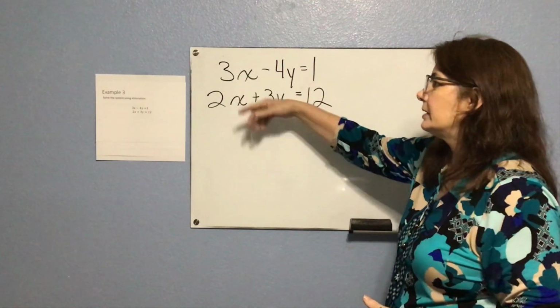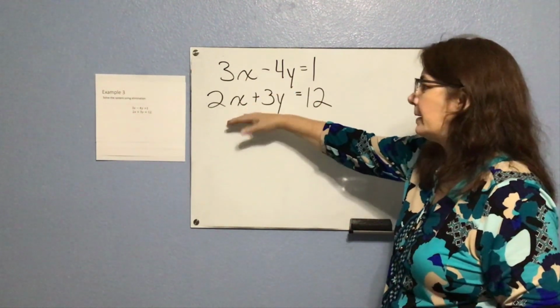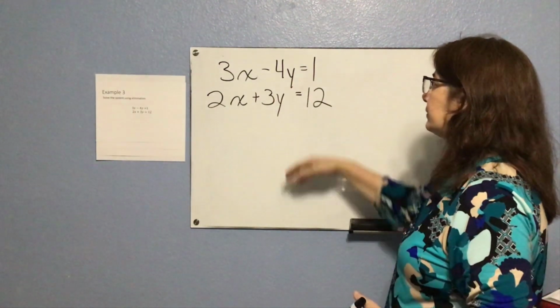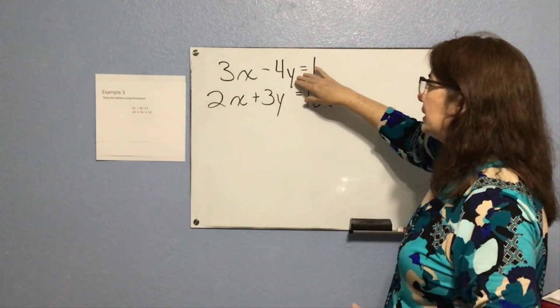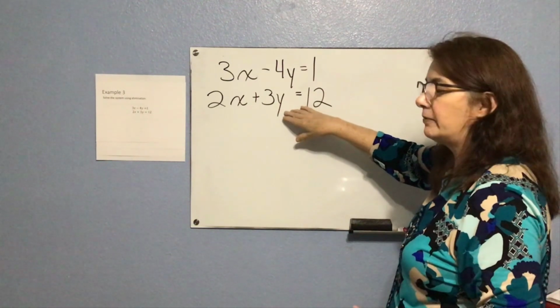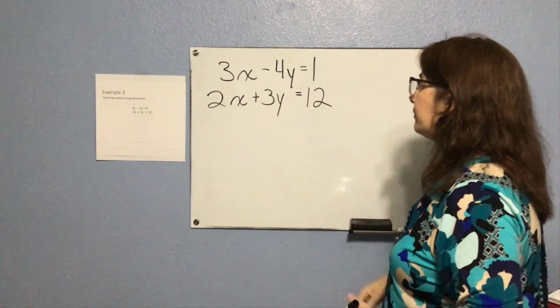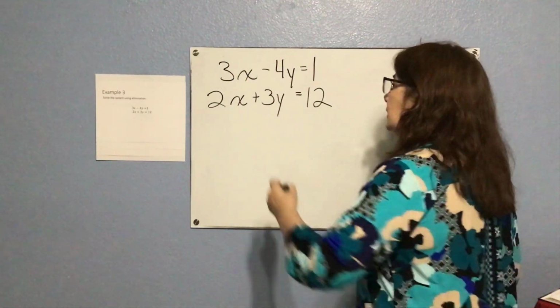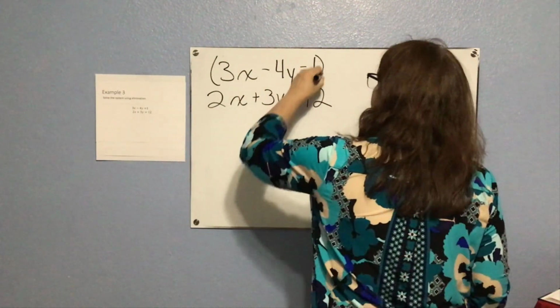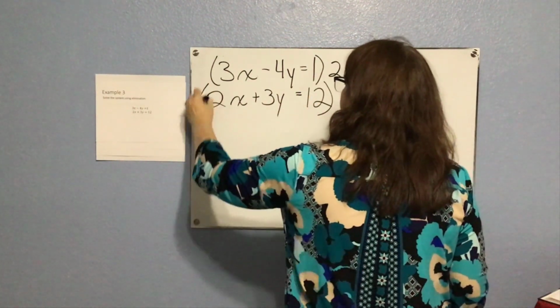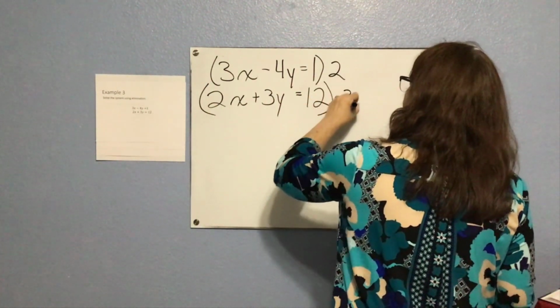I've got a 2 and a 3, so I could multiply this by 2 and this by negative 3. That would work. I've got a negative 4 and a 3, so I could multiply this by 3 and this by 4. That would also work. I'm going to take that first approach and multiply this equation by 2 and this equation by negative 3.